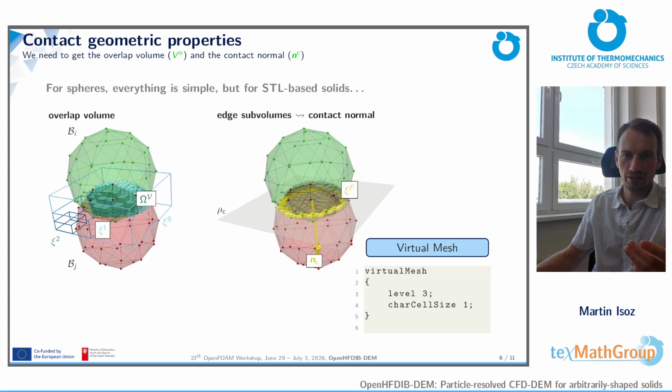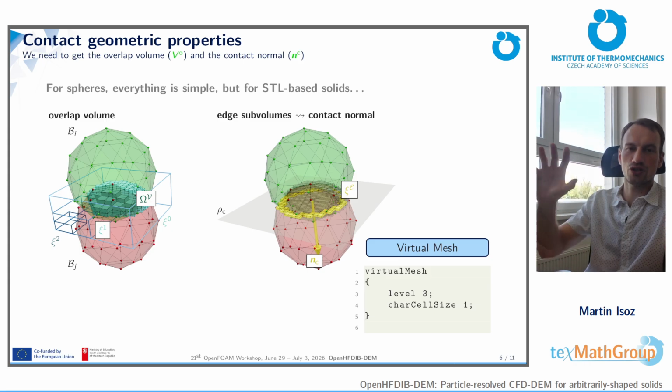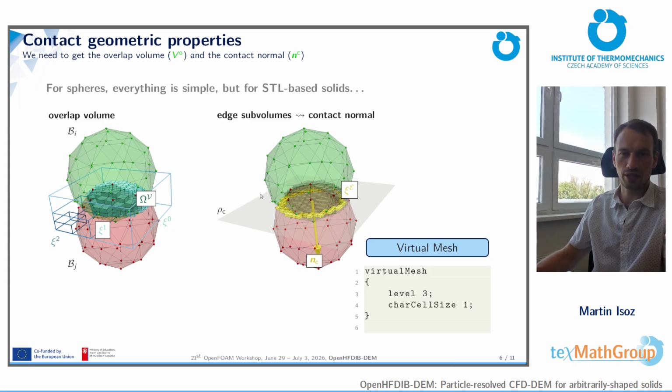So when the final subvolume, like this one, is smaller than the characteristic cell size, refined to level 3 in this case, the adaptive refinement in the virtual mesh stops. One final note here: each contact pair, or each contact, has its own virtual mesh in our code. We don't construct one global mesh, just a series of small local ones.